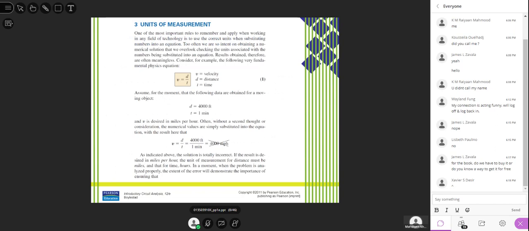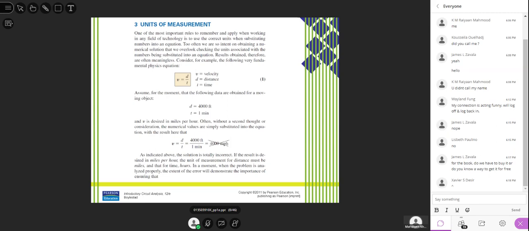Like we usually know that for distance, we use meter or feet. For time, we use minutes, hours, seconds. But anything that can be derived from these two, for example velocity or speed, is the distance divided by time.